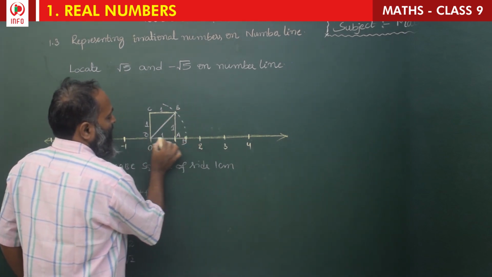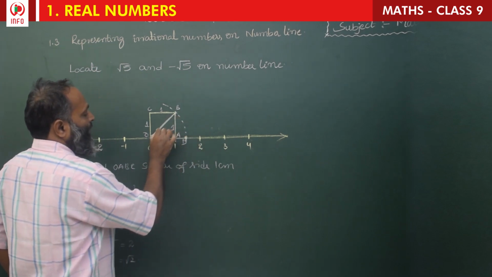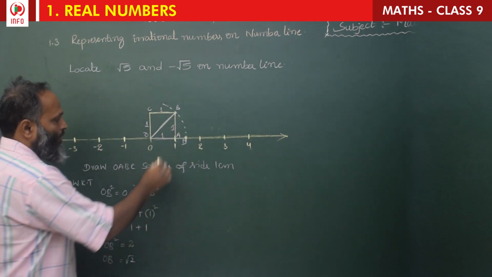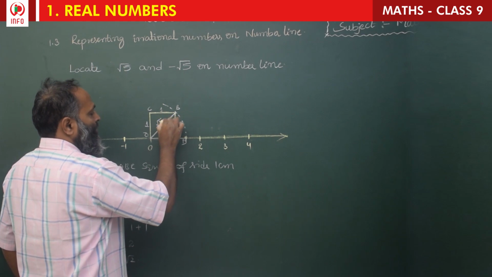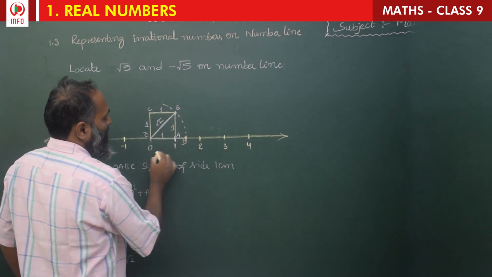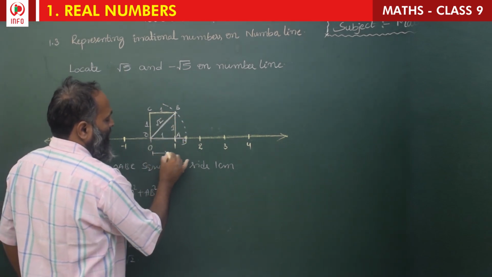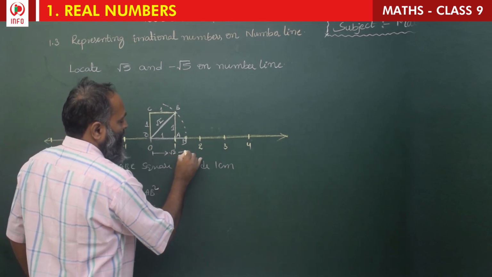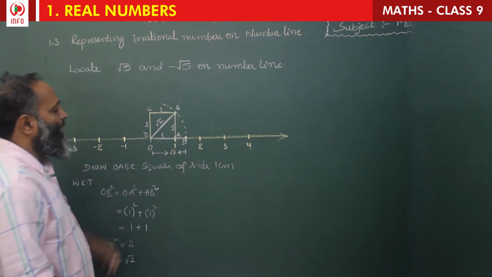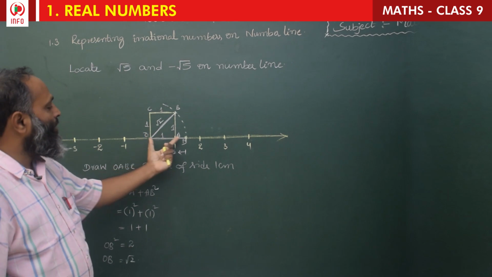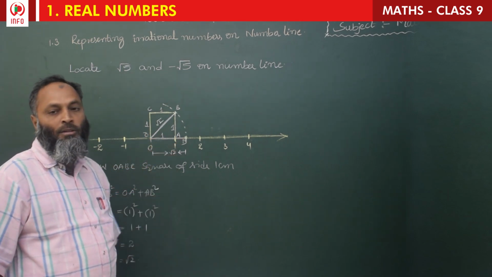OB and OD lengths are the same. What is OB length here? Root 2 units. Then OD, O to D, is also root 2 units. OB length is equal to OD length, which is root 2 units.